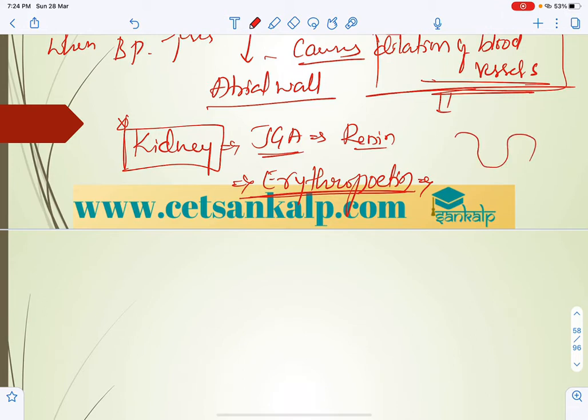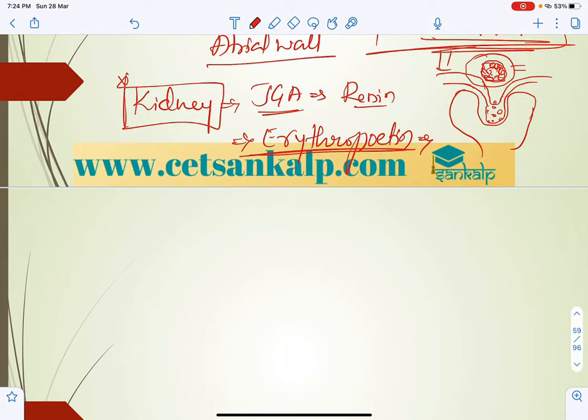If this is a Bowman's capsule and this is the afferent arteriole, which forms the tuft of capillaries, some cells here together form this location, the juxtaglomerular cells, and they produce erythropoietin.